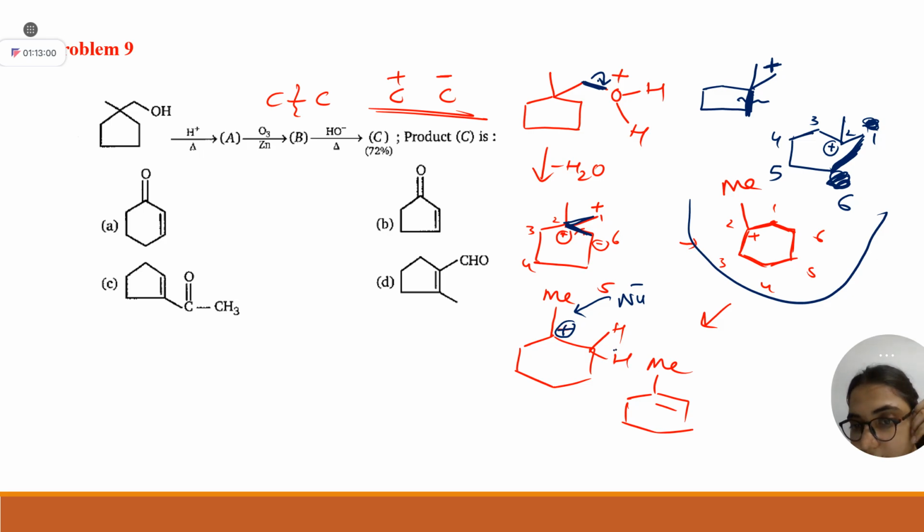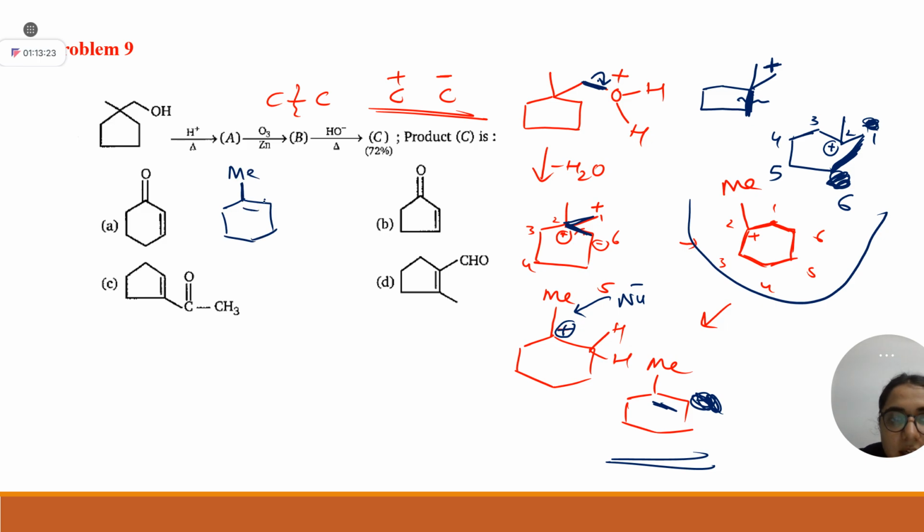Elimination means one H plus will go, negative charge will come, and that positive and negative will form this olefin. Clear? I hope you are clear that compound A is this. No doubt in compound A. Yes, ma'am, clear.